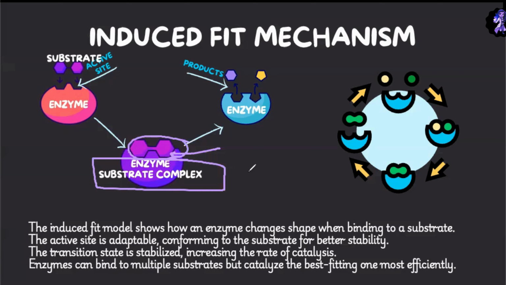The induced fit model basically says that there's enzymes that exist and that will alter its shape based on the substrate to bind together. So it induces. So that's why it's called the induced fit model. The active site, or the location in which it binds, is going to conform or basically alter its shape to better fit for that substrate.